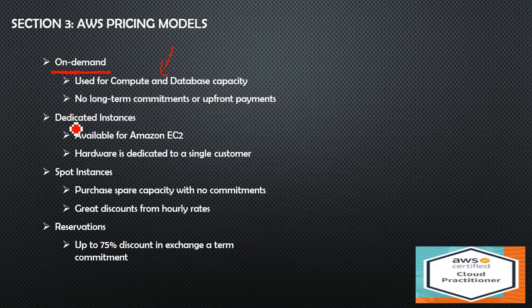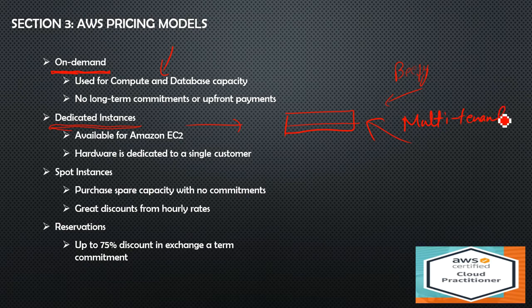Then you have dedicated instances. Dedicated instances are instances that are launched on dedicated hardware. Basically, they have a server which is very beefy, but it is multi-tenant, or you can say multi-user.